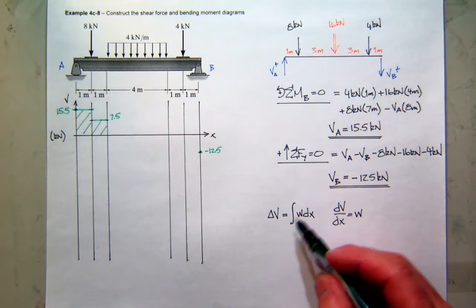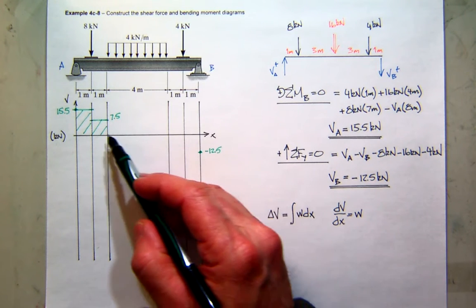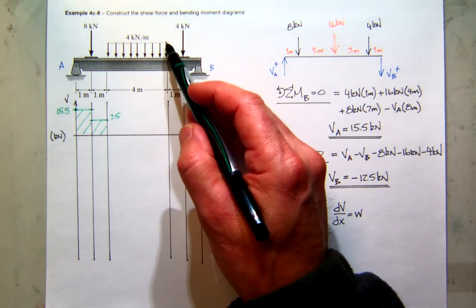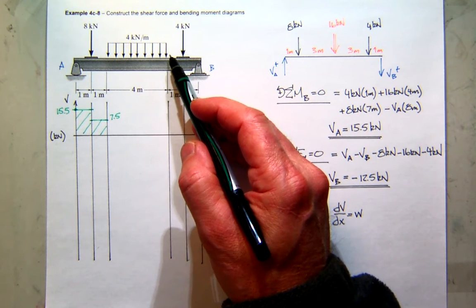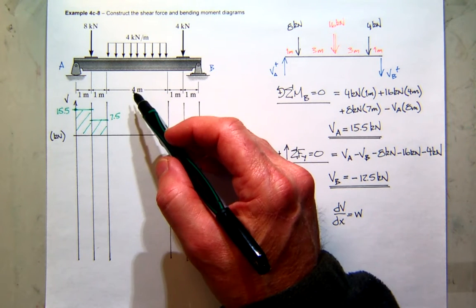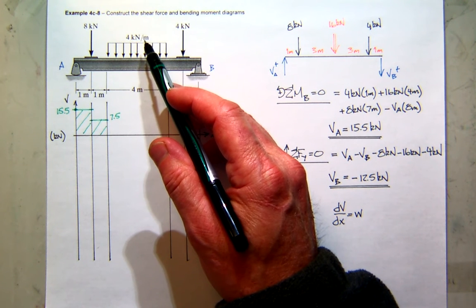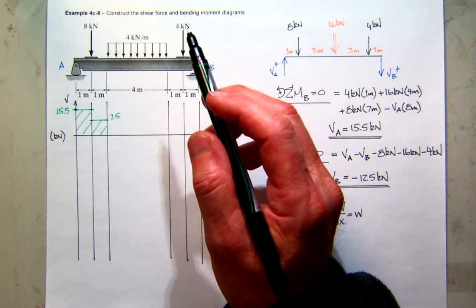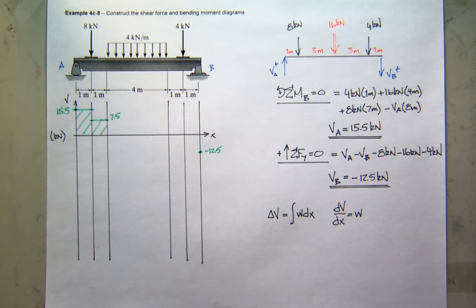Now, what's the change in shear from 2 meters to 6 meters? This segment. If I go up and look at the area under the load curve there, what do I have? Well, it's a rectangle. Base times height. So the base is 4, the height is 4 kilonewtons per meter. So that's 16. Is that a positive or negative area? Negative. So what's 7.5 minus 16? What is it? 8.5, right?